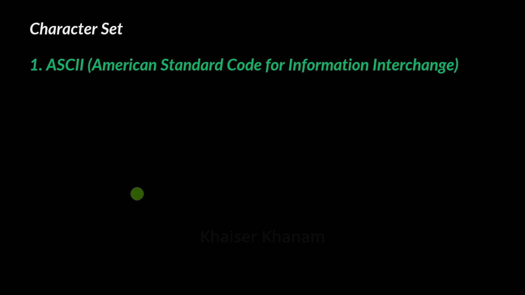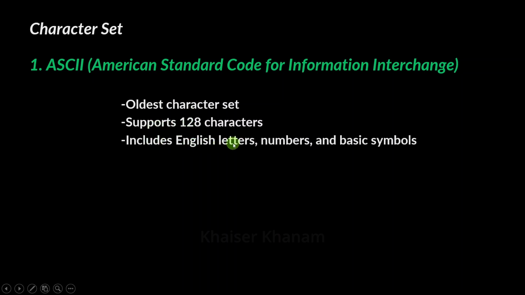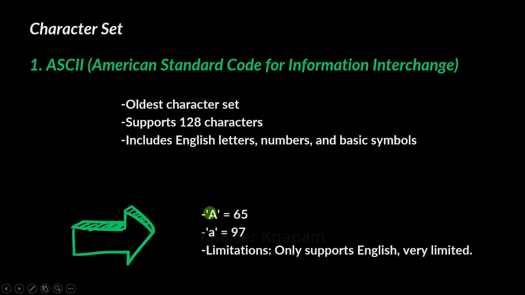Now one by one, let us understand ASCII. It is the oldest character set and it only supports 128 characters, including English letters, numbers and basic symbols. For example, capital A is mapped to 65, and lowercase a is mapped to 97.